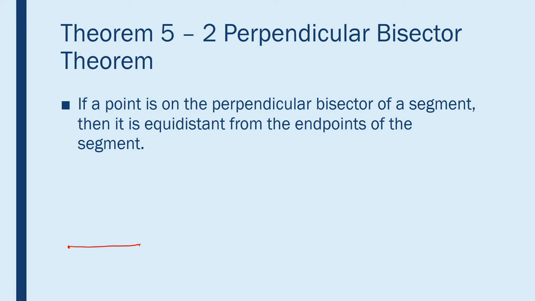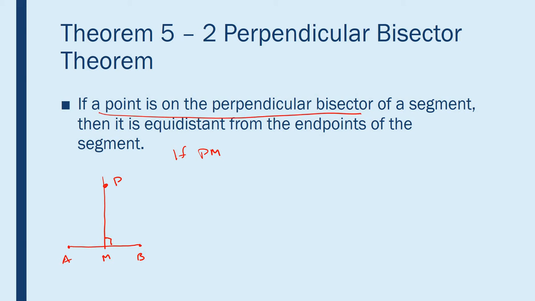We've got a segment AB, and I've got the perpendicular bisector that passes through M. So in other words, put a point P on the bisector.